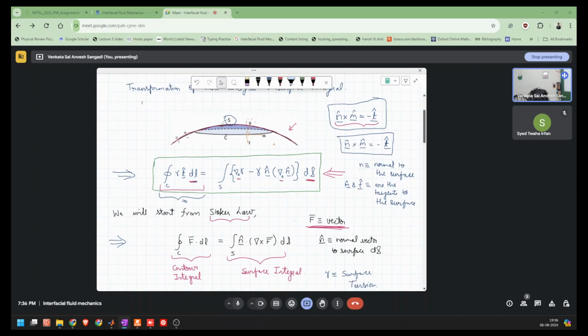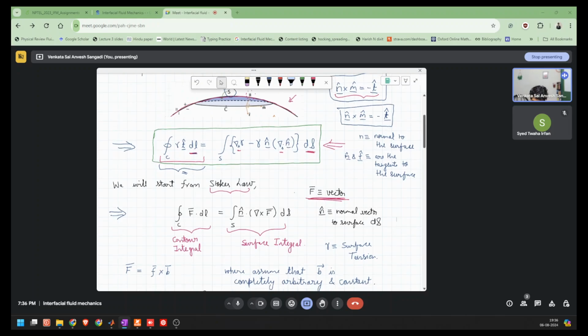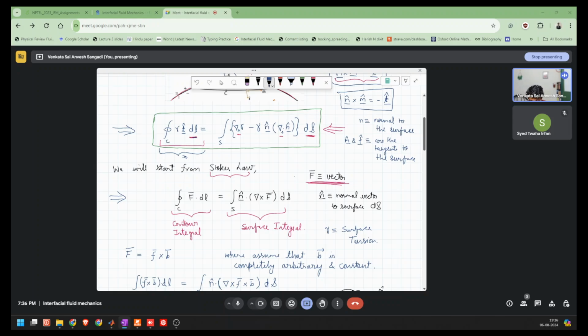What I am doing here is to see how we can convert this line integral to a surface integral. You might already know the Stokes theorem, which is used to convert a contour integral to a surface integral. But the form that is there in the lecture notes is different, and that is specific to the kind of geometry that we have taken, and I was just going over it.